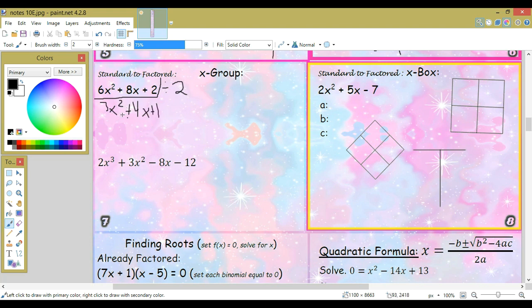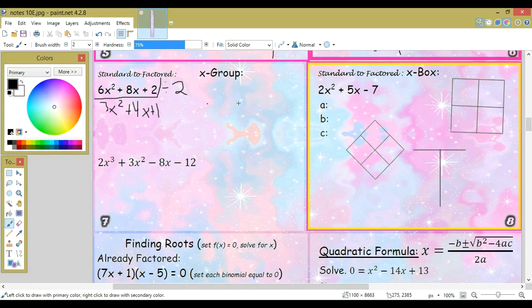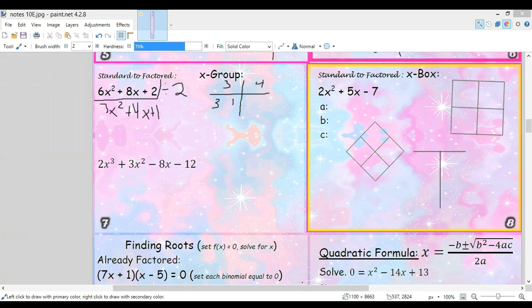Let's factor this further from here. We want to find two numbers that multiply to 3 and they add to 4. 1 and 3 are the only factors, so that's what we're going to decompose it into.